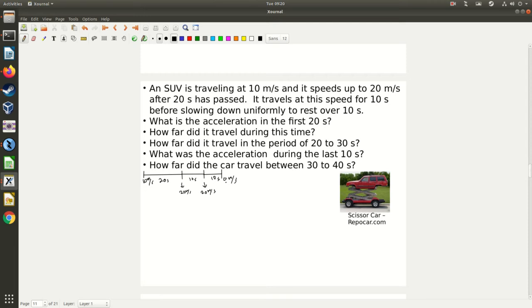well, what is the acceleration in the first 20 seconds? Different ways of doing this, but I generally will use the fact that Vf is equal to Vi plus a delta t. I know my final speed is 20, and I know that my initial speed is going to be 10. I don't know my acceleration, and I do know the duration is 10 seconds.